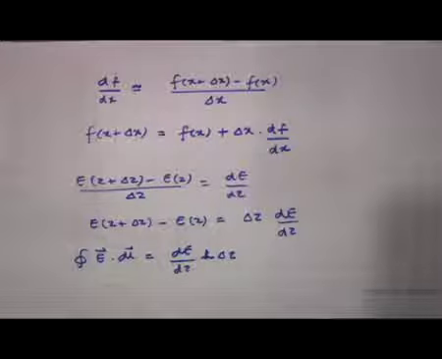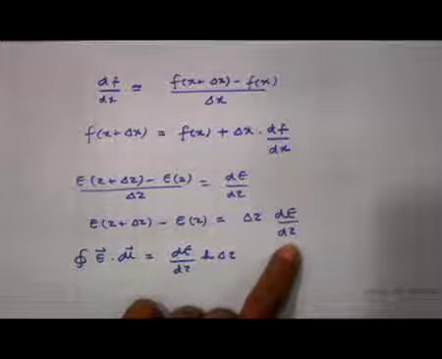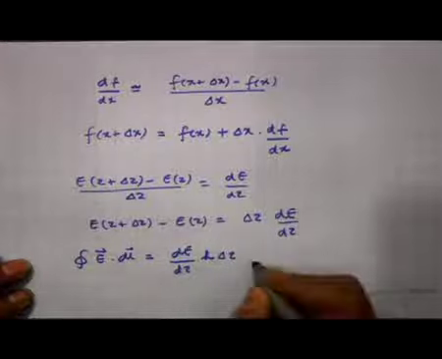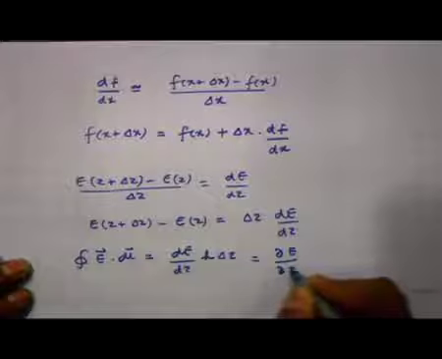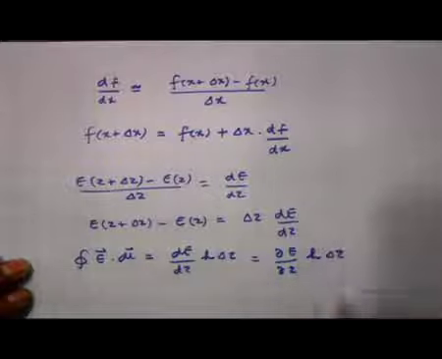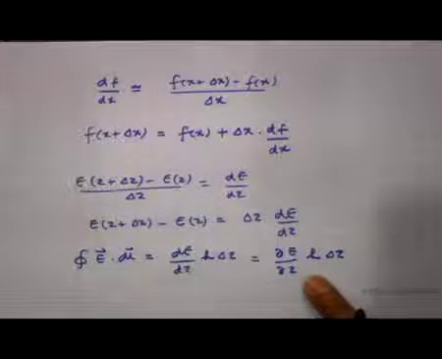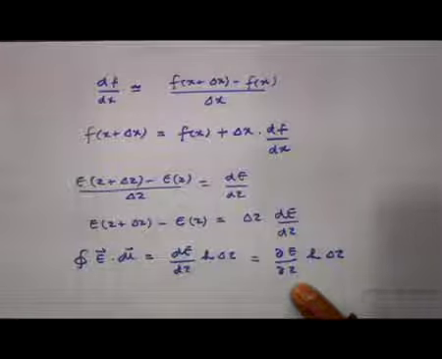Now, I must mention something here. Remember, this electric field E is a function of both position z and time, and because my derivative is with respect to one of the variables, position, this is usually written as a partial derivative. In mathematics, this is written as del E by del z into h delta z. This only means that I am taking a derivative of the electric field as a function of z, keeping time constant.